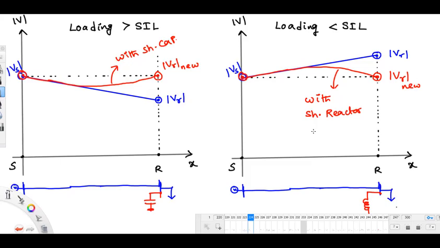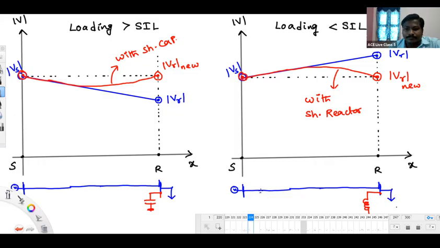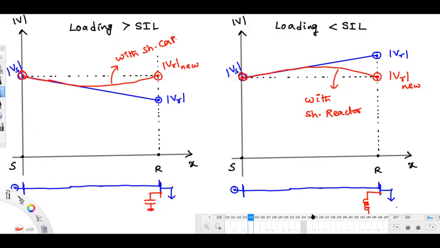Sir, another doubt: here we write the percentage series compensation as XC by X line. But previously you said that for IS to flow in the transmission line, for let's suppose every 50 kilometers, we compensate individually in a distributed manner.